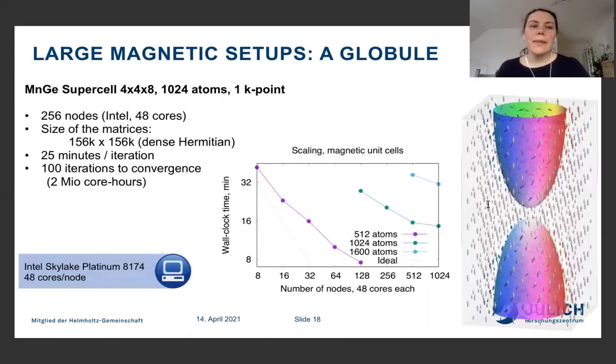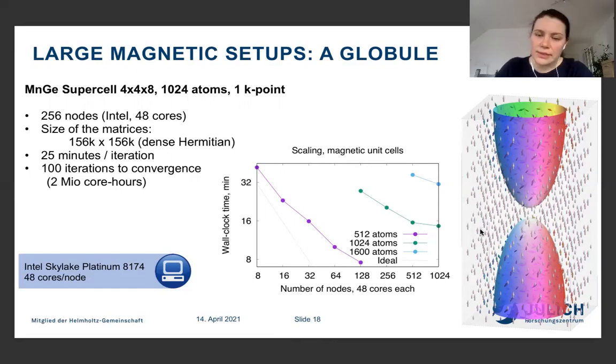And this is an example. You can see the unit cell here on the right side. And you see the magnetization vectors outside the structure. This is called a globule. This is a globule in manganese germanium. And in the system, we have about 1,000 atoms.